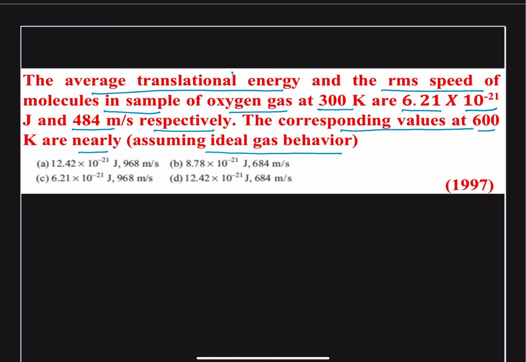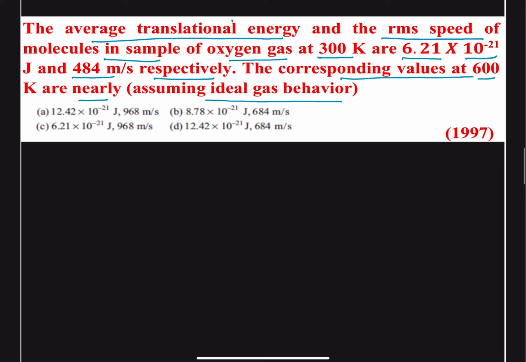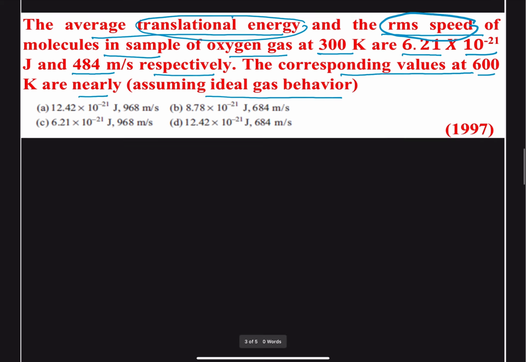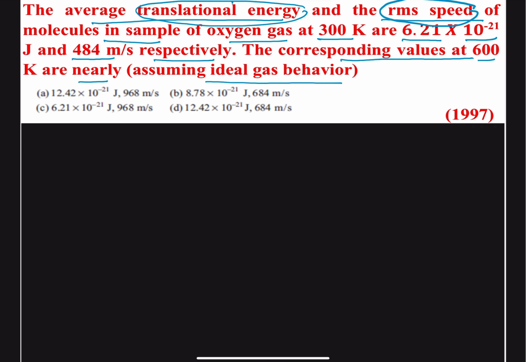So we have to find out the translation energy and RMS speed when the temperature is doubled from its initial value. This question is directly related to formula. We already know the relationship between the translational energy and the temperature, as well as the RMS speed and the temperature. So we start from the translational energy.